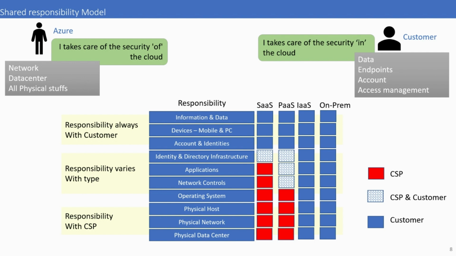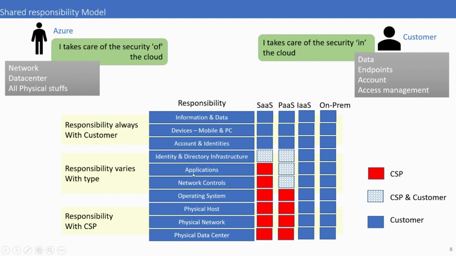So you both have to work together in setting up identity and directory infrastructure for SaaS and PaaS. However, for IaaS, they will provide only the hardware portion. It is the responsibility of the customer to take care of it and then start using it.